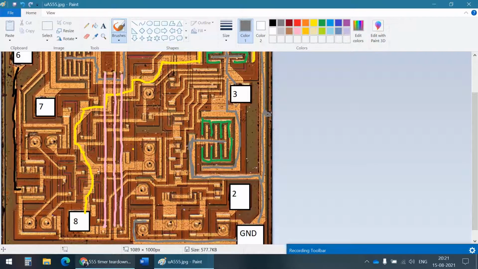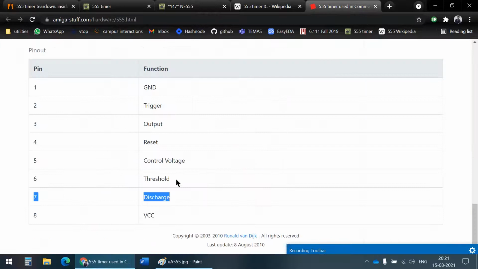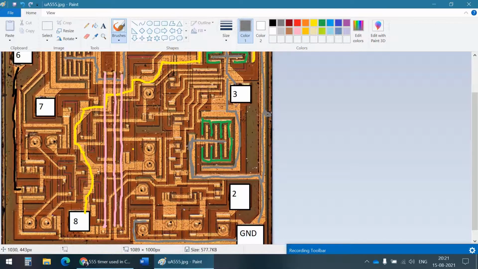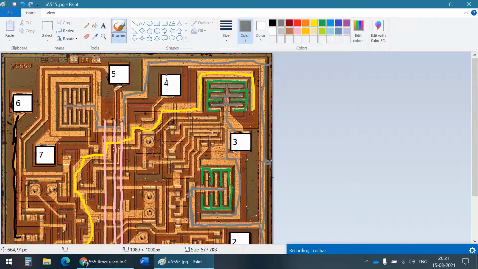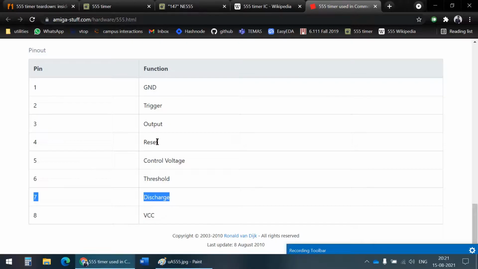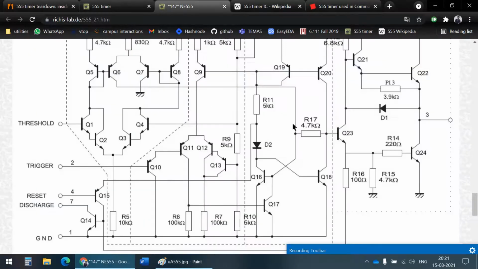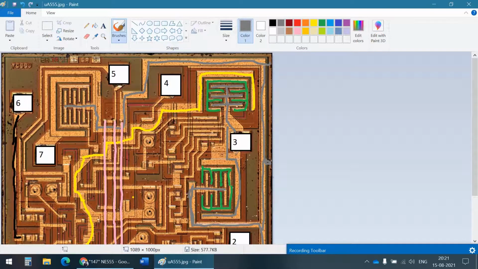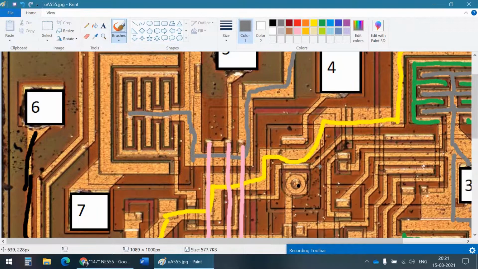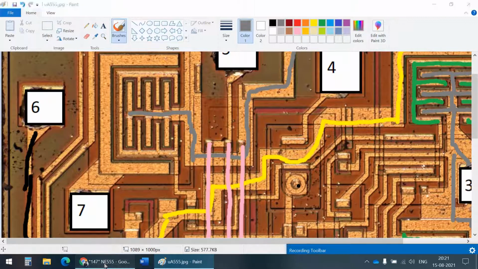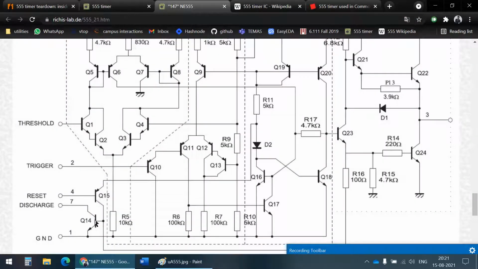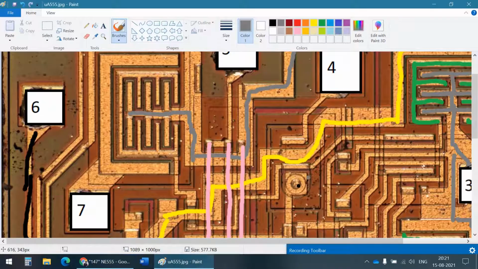So this pin 2 we said was trigger. Pin 3 was the output. Let's see what pin 4 is. Pin 4 is reset. Where's the reset here? Connected to Q15. This is probably Q15. Pin 4 is connected here. So this transistor here is probably Q15. Q15 seems to be connected to Q14. Wait, which is Q14 again? This one, right?